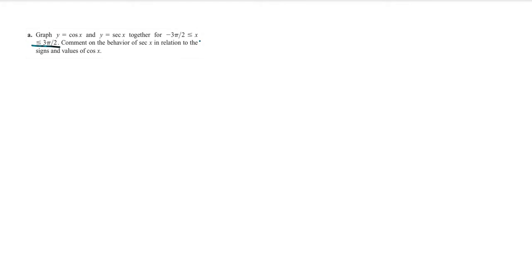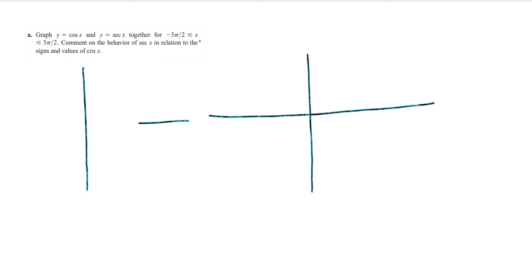And we have to comment on the behavior of secant x in relation to the signs and values of cos x. So we will draw the original graph of cos x first, and then the secant x, then merge these two in one graph and discuss it.